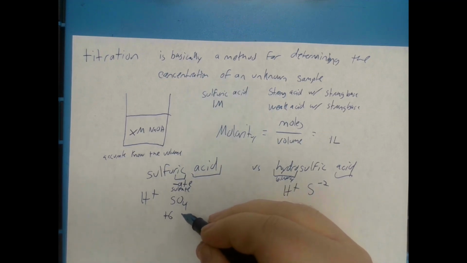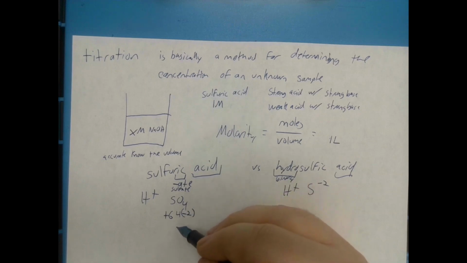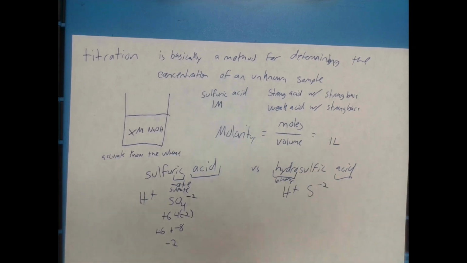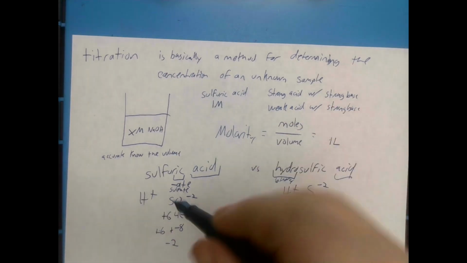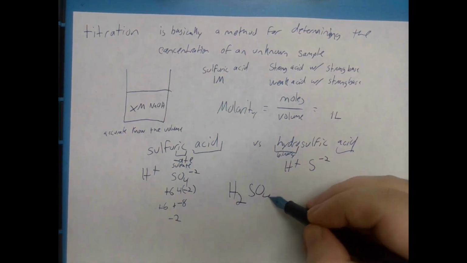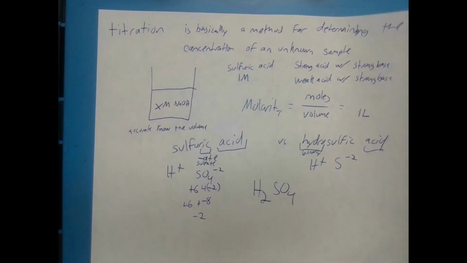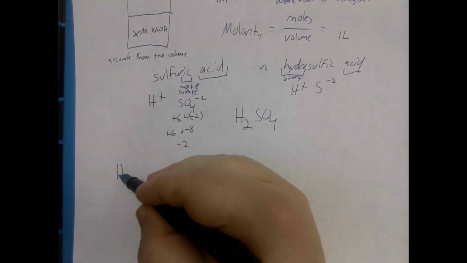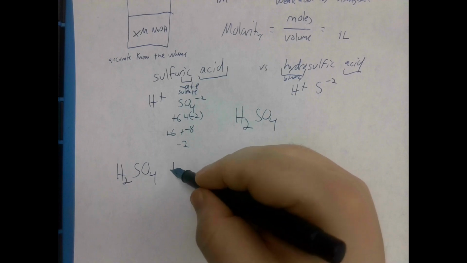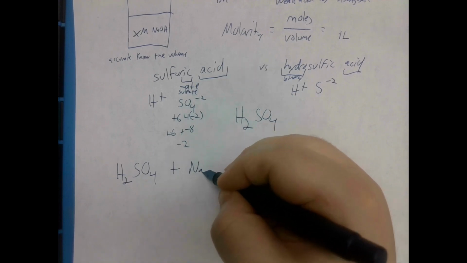Oxygen's oxidation number is -2 always. There's 4 of them, so we have -8 plus +6, so it has a charge of -2. That means we need 2 H plus ions, so the equation is H2SO4. That is sulfuric acid. So we have H2SO4, and we're reacting it with NaOH.